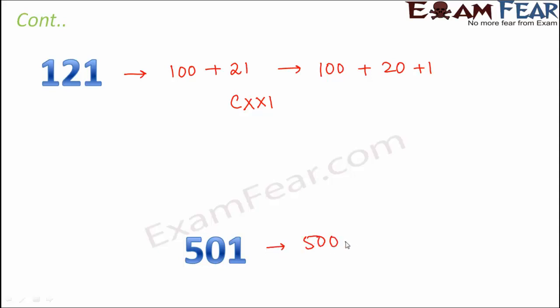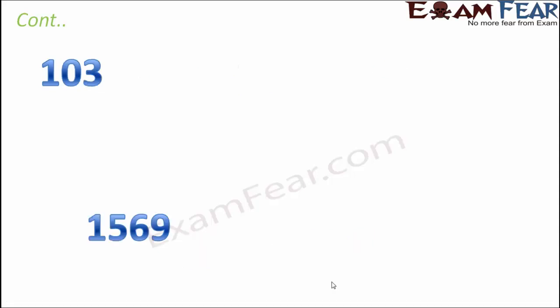So this can be written as 500 plus 1. So what is 500? It is D and 1 is I. So DI is 501. 103. So 103 can be written as 100 plus 3. So 100 is C, 3 is 1, 2, 3.